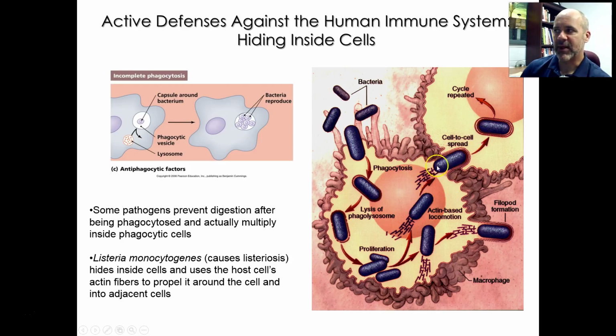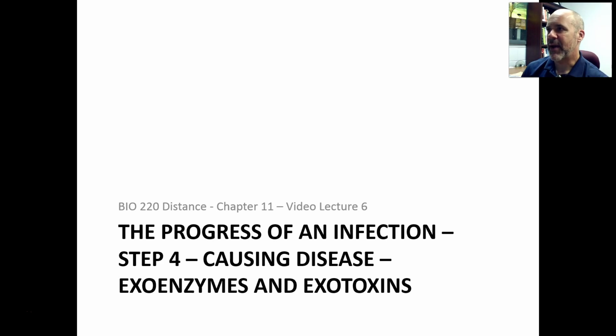They use the actin to more or less push them from one cell into another, and that way they just spread from cell to cell and multiply in cellular hosts, and they're escaping from the immune system. Your immune system weaponry is all out here, and by staying inside your cells, they're actually hiding. So that's kind of a nasty little strategy that the Listeria bacteria have developed.